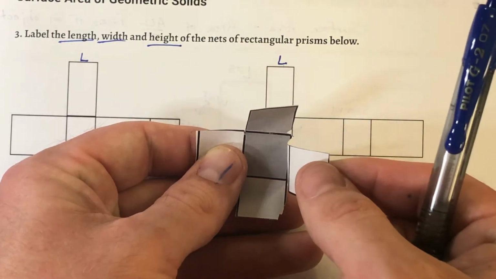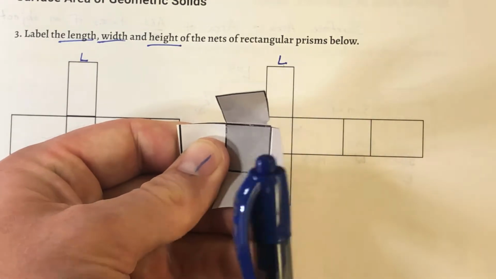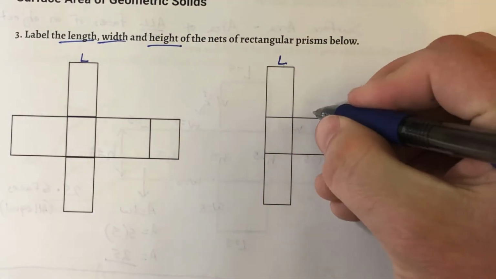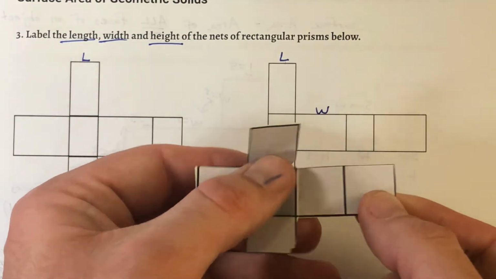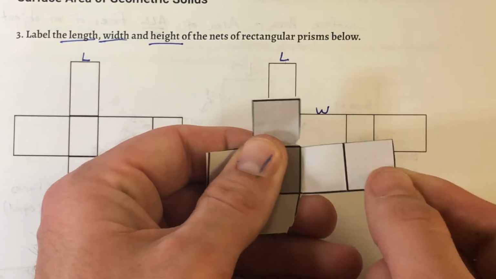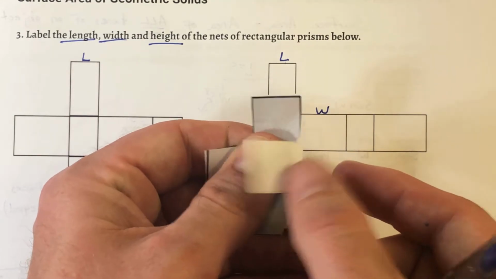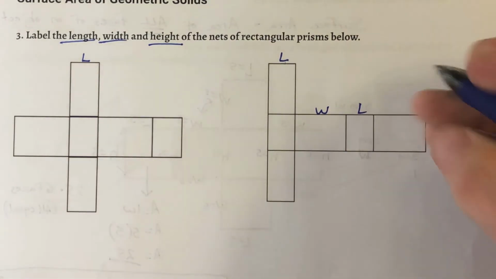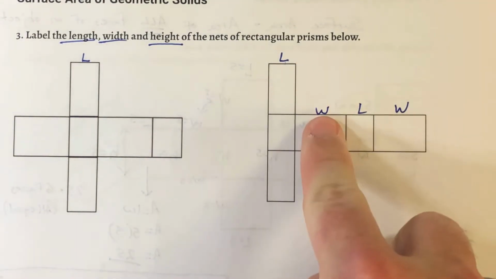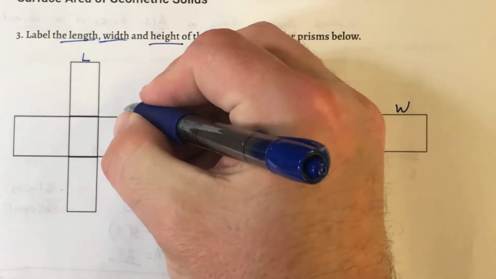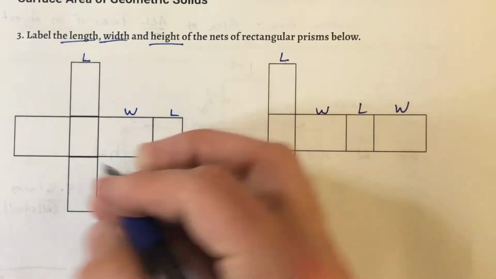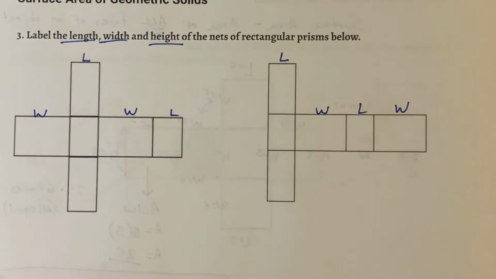This one wraps around, so that distance coming forward is going to be your width. This third one right here, well, technically it'd be like that. It's going to wrap around to the front, so it's going to be the length again, and then so on. So length, width, length, width. Here, the length is on that one. It's going to alternate width, length. That just means width is over there.